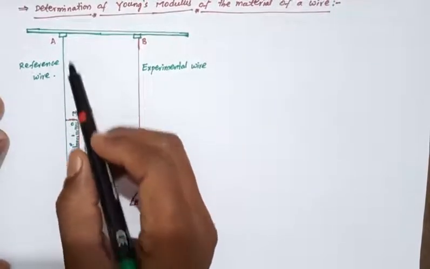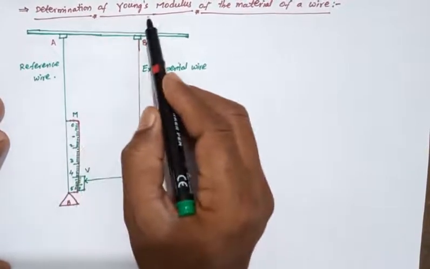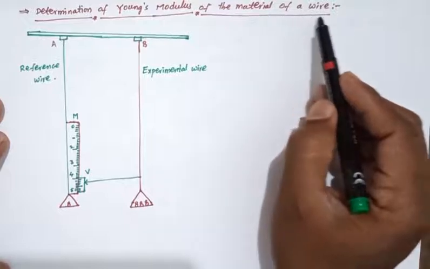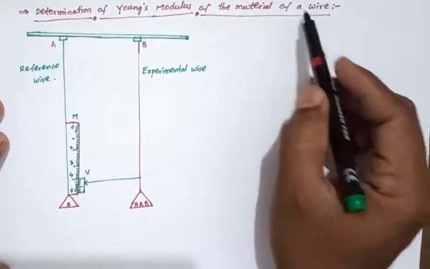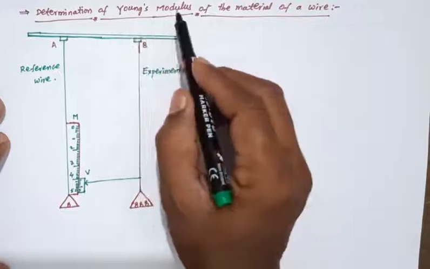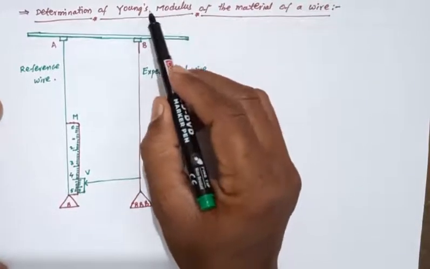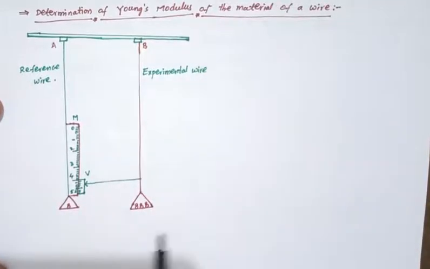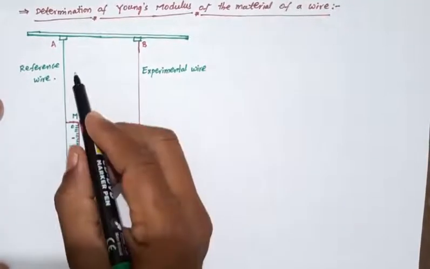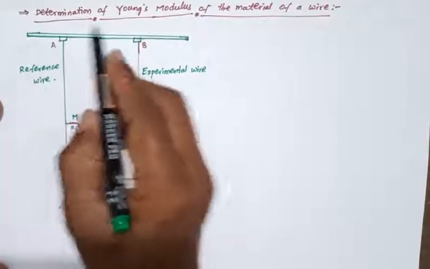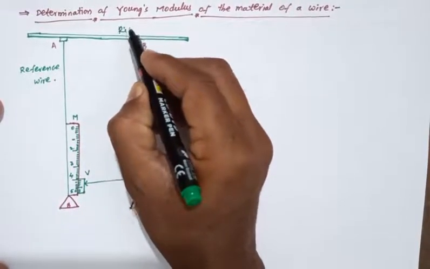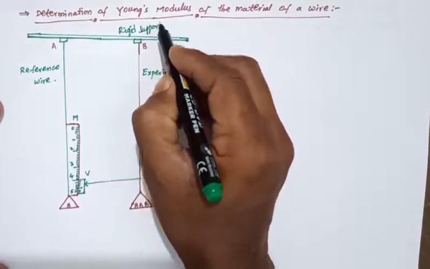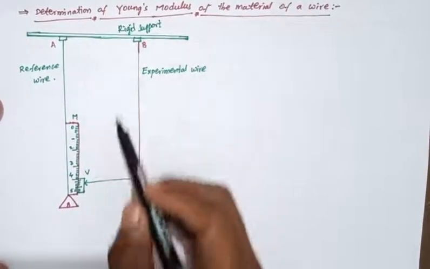Today we will discuss the determination of Young's modulus of the material of a wire. We can determine the Young's modulus of a given wire using an equation. Here, this is the rigid support.